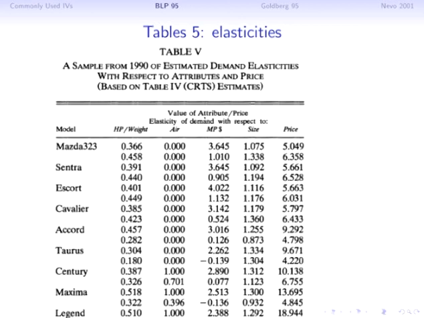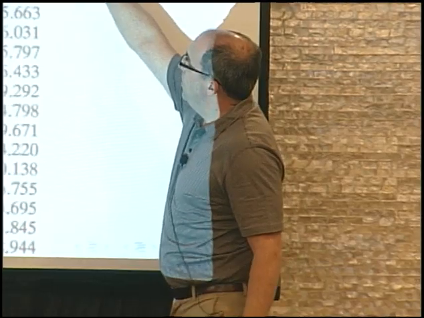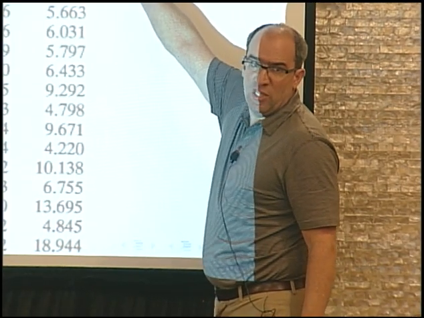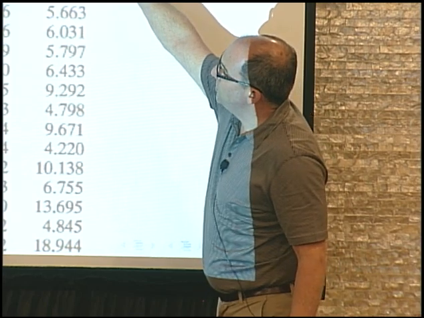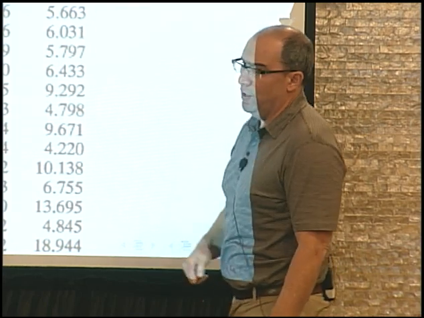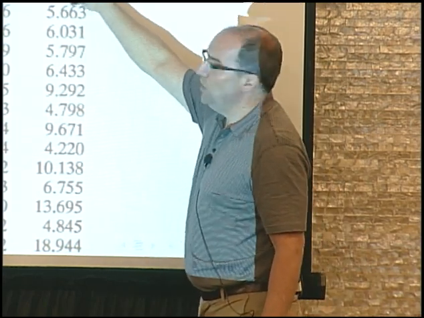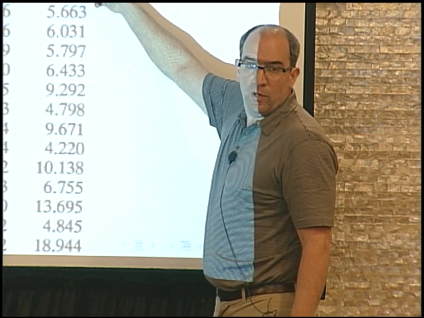So this is one of their tables that basically shows own price elasticities. Let me just focus on the last column, which gives you the price. So what we have here is, for each model, the first row is the price in thousands of dollars, right? So Mazda 323 is just over $5,000. The second row is the elasticity, in absolute value.